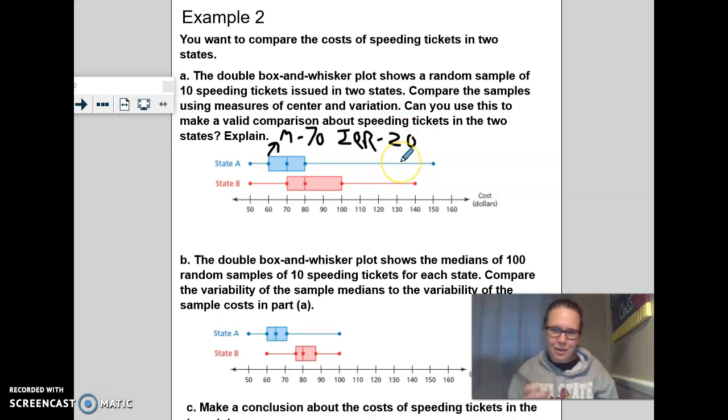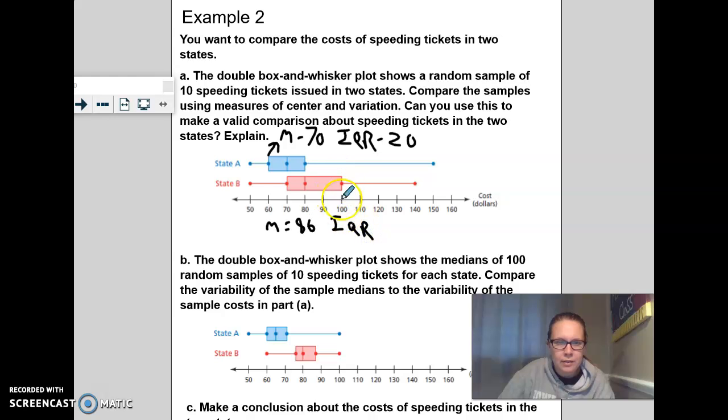Easy. We didn't have to calculate everything in our calculator. Okay, B, let's find our median. My median is 80. And my IQR goes from this end of the box to this end of the box, 100 to 70, which is 30.